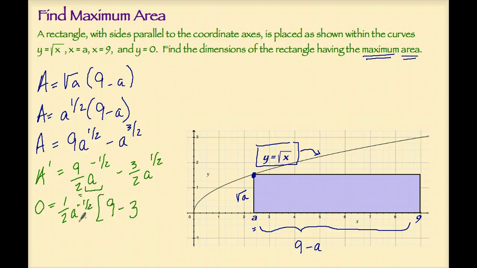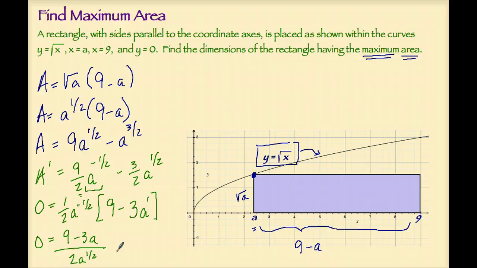Remember, when I take out a to the negative 1/2, it's as if I'm dividing this variable by a to the negative 1/2, so I need to subtract the exponents. 1/2 minus a negative 1/2 is 1. So this is now a to the 1. Now let me simplify a bit further. We're going to have 9 minus 3a over 2a to the 1/2.